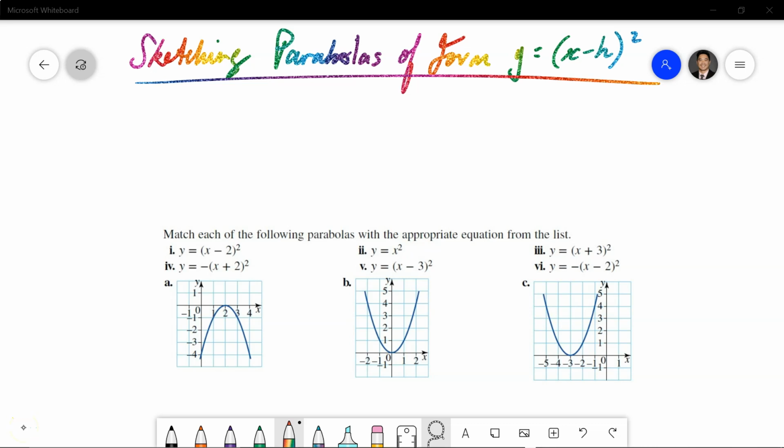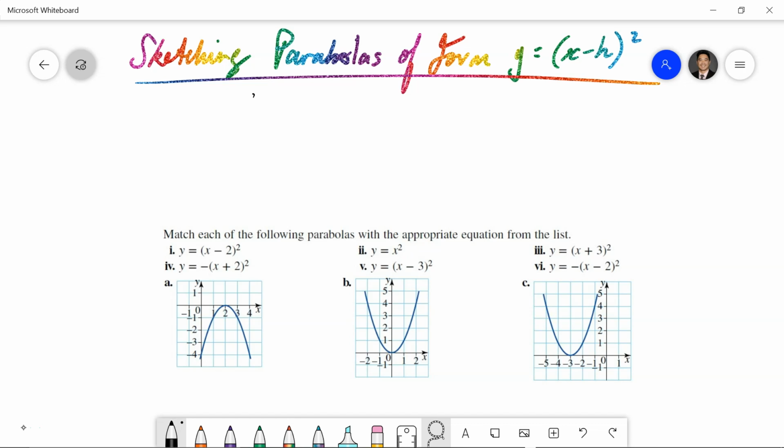All right, welcome back. We're going to look further into stretching parabolas of different forms. We've been discussing our traditional quadratic formula that looks like that. If we just look at the x squared component, we introduced a coefficient of x squared being a, and what it would look like if we increased or decreased that value, or made it positive or negative.